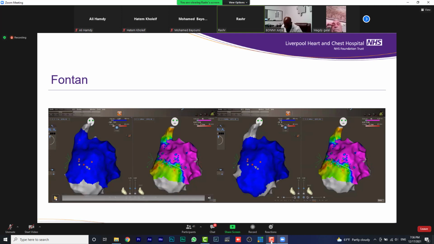Just got a couple of propagation maps here to show again from these people, just to illustrate how slow and how widespread things can be. So on the left we have the first map, and you can have a feel that everything is circling around here as a critical area of conduction. And so we ablated through here with termination of this tachycardia.